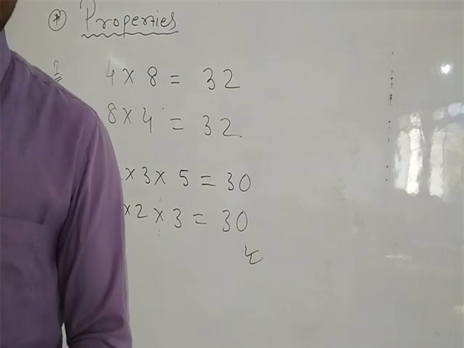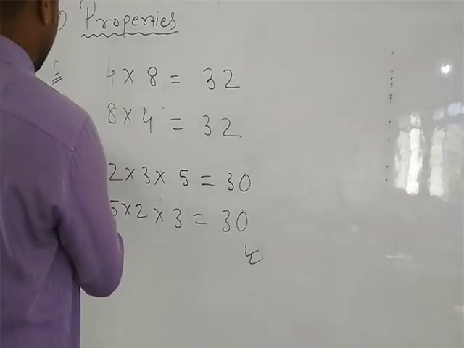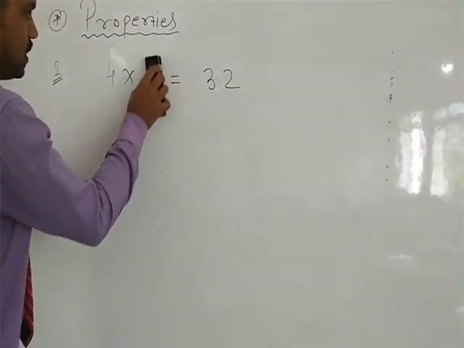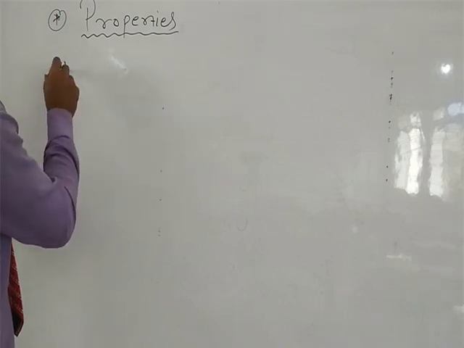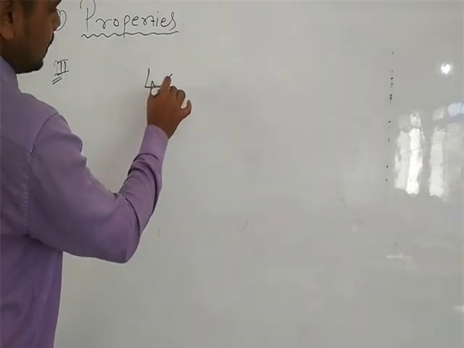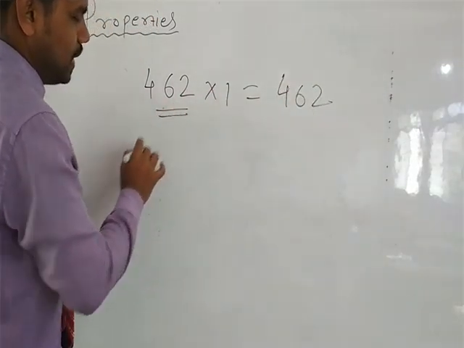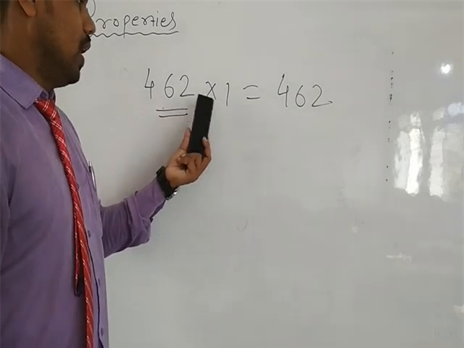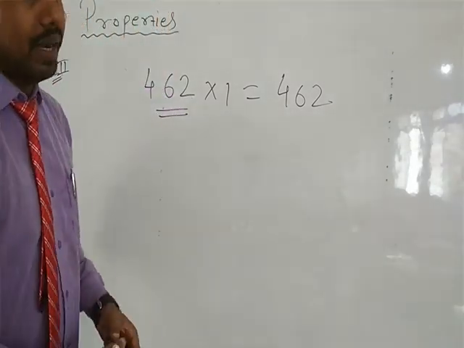Now the next property is the product of a number and 1. If you multiply any number with 1, the result always comes the same number. For example, the third property says 462 multiply 1 is always 462. So the number itself. Whenever you multiply 1 with any number, the answer will come the number itself.